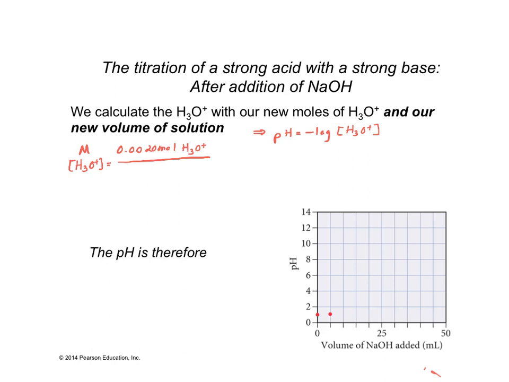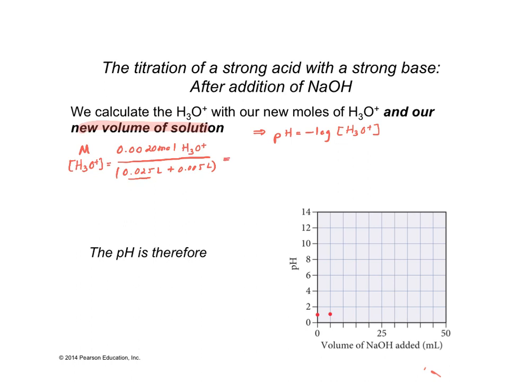It's important to note this is the volume of the new solution. That's going to be the addition of the volume that we originally had, 0.025 liters, plus what we've added. We just added 5 milliliters of volume, so we have to add that in when we calculate the new volume and the concentration overall. The bottom is going to be the initial volume plus whatever we have added, which for this problem was 5 milliliters or 0.005 liters.